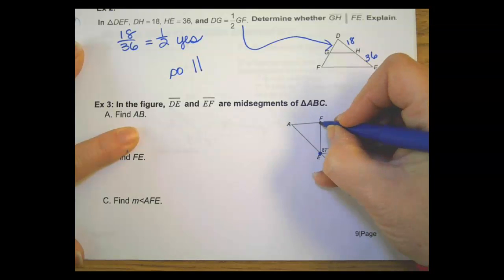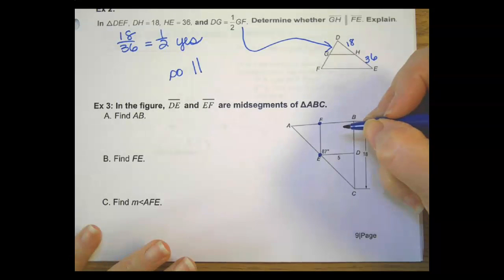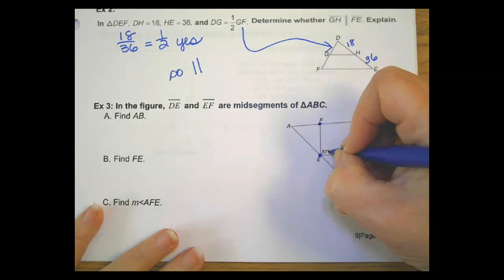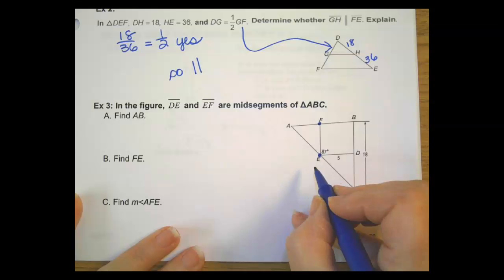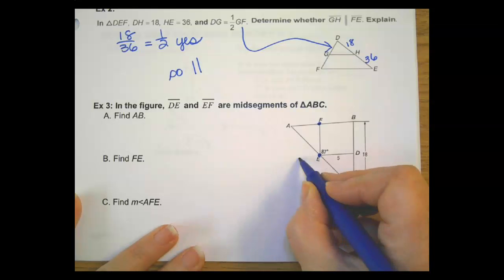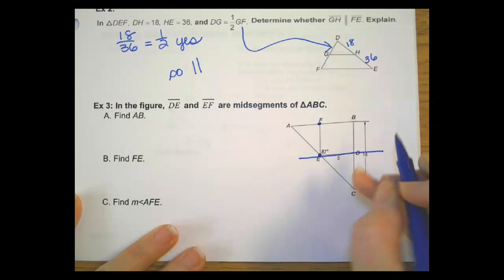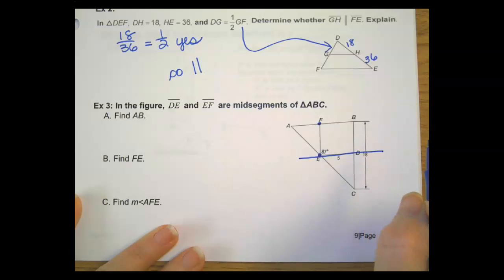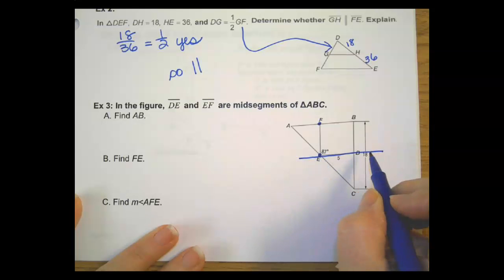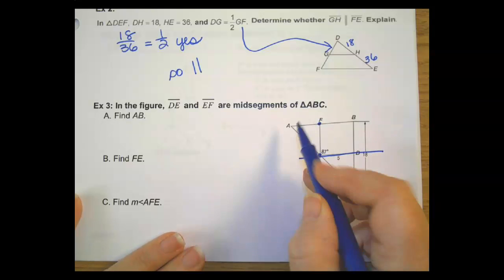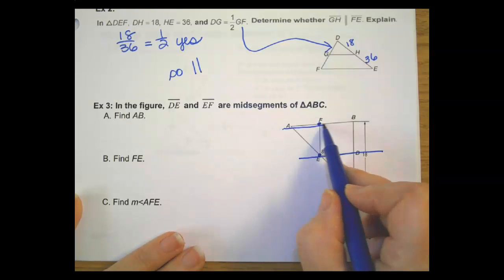So this is a midsegment. That's 87. DE goes all the way across.